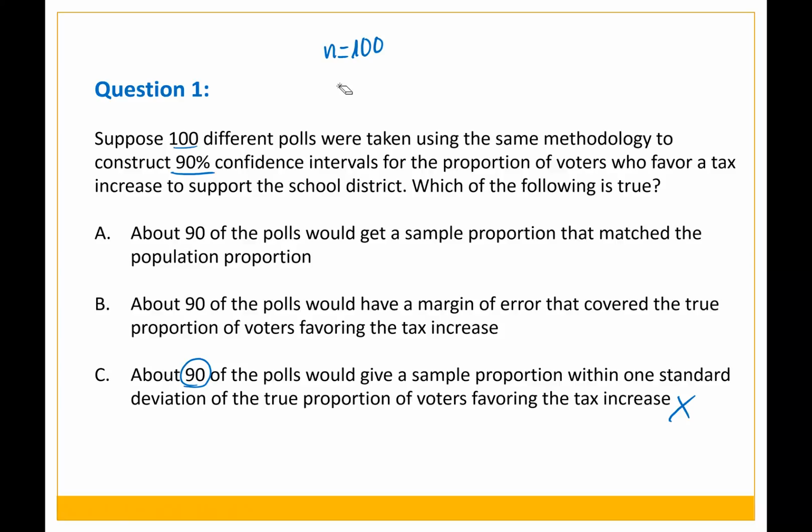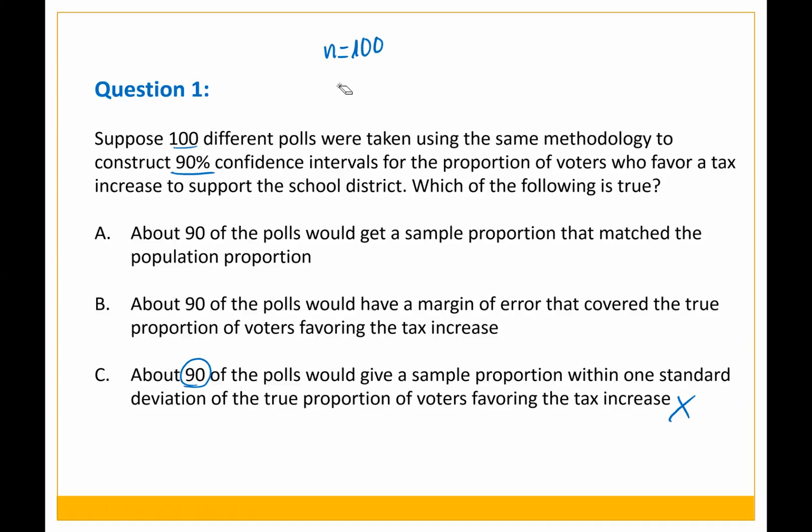So for A, about 90% of the polls will get a sample proportion that matches the population proportion. Now the confidence interval is just an interval. You don't identify a specific value for the sample proportion, so it's really hard to get 90% of the time that it's going to fall on that exact value.